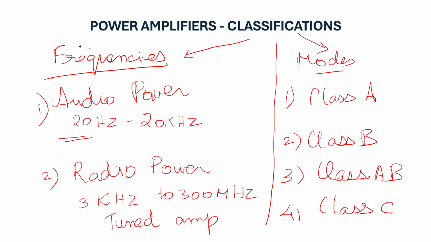In a Class A power amplifier, the conduction takes place over a complete 360 degrees. In a Class B amplifier, the conduction takes place over 180 degrees. In a Class AB power amplifier, the conduction takes place from 180 degrees to 200 degrees. In a Class C power amplifier, the conduction is less than 180 degrees. So this is the basic classification of power amplifiers.